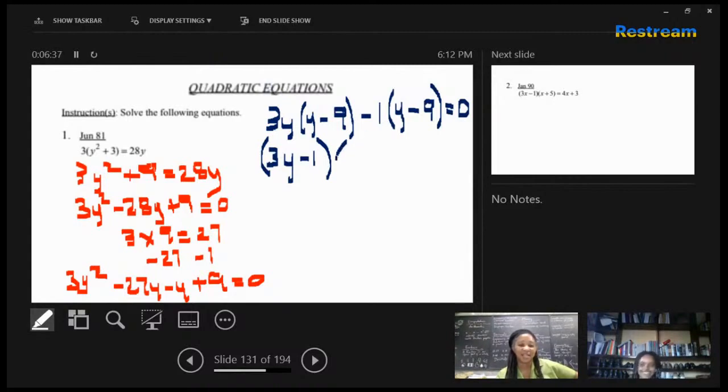And minus the 1 in the next one, and y minus 9 in the other bracket equals 0. So now 3y minus 1 equals 0, and that would be 3y equals 1. And to get y by itself, we would say 3y divided by 3 and 1 over 3. So y is 1 over 3.